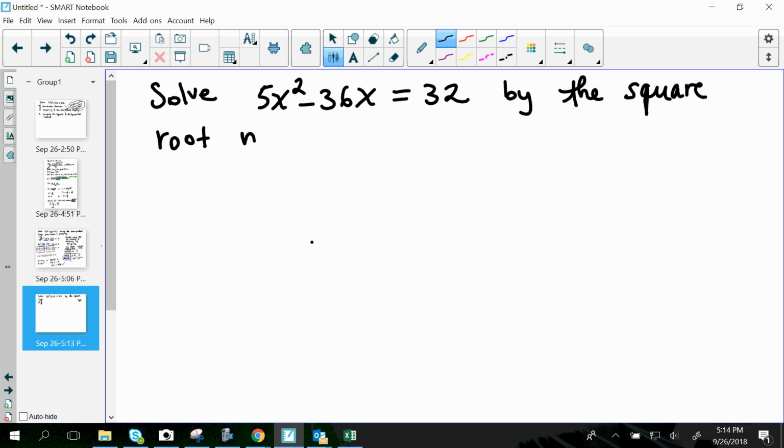Now, notice that I didn't write completing the square and the square root method, because I'm just leaving it implied that if you're going to do the square root method, you have to have a perfect square. But I guess I shouldn't just leave that up to the reader. Let's write it. Must complete the square first.